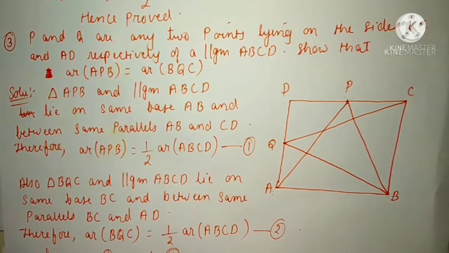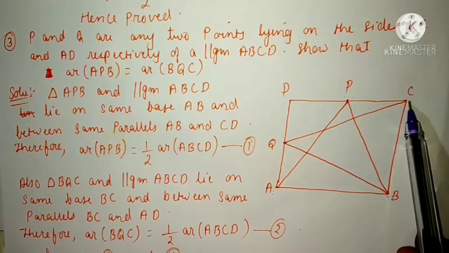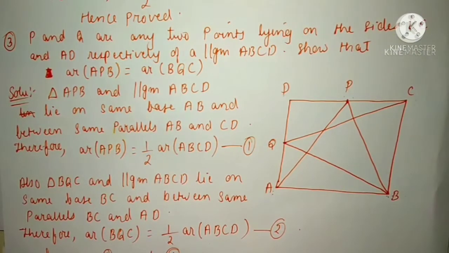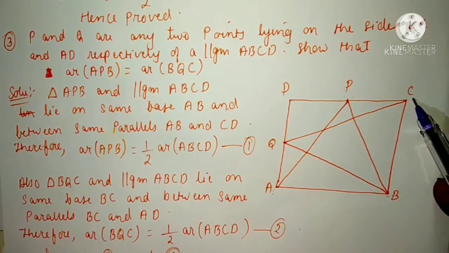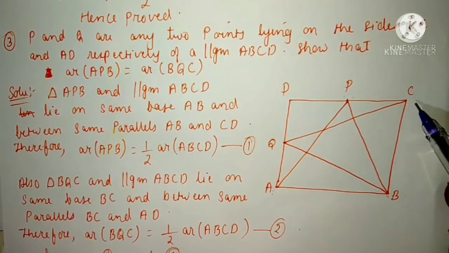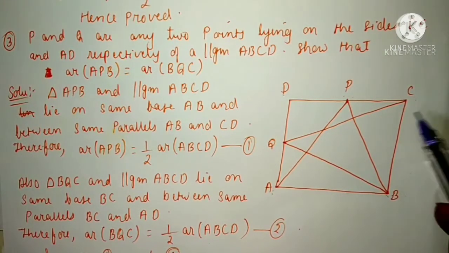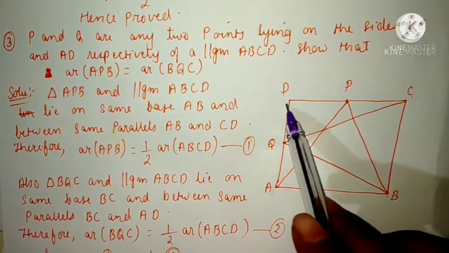Okay. Now see, triangle BQC and parallelogram ABCD also lie on the same base and between the same parallels. How? See, what is the base of triangle? BC. Okay, and we can consider the base of parallelogram also as BC because this is one of the sides of the parallelogram. So the base of both the triangle and parallelogram are the same and they are between the same parallels, that is BC and AD.